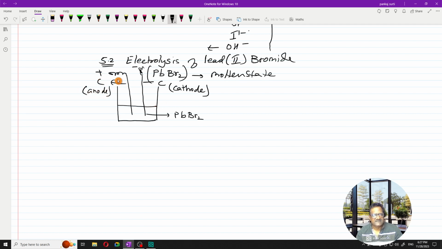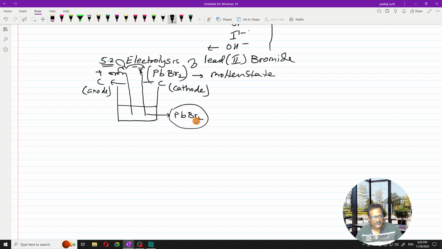Is that clear? Now between these two you can also connect a lamp or a bulb. Now what will happen? The bulb is not going to light. Why? Obviously because there is no current flowing through this closed circuit. Why is current not flowing? Because this lead bromide is in the solid state.